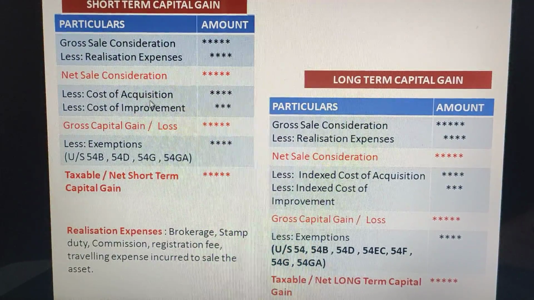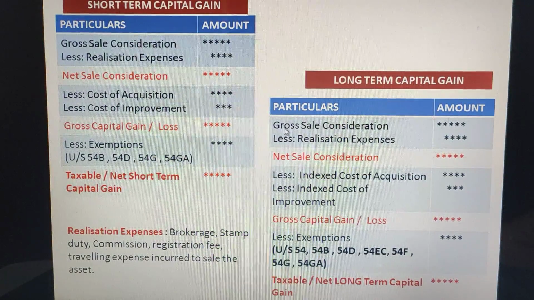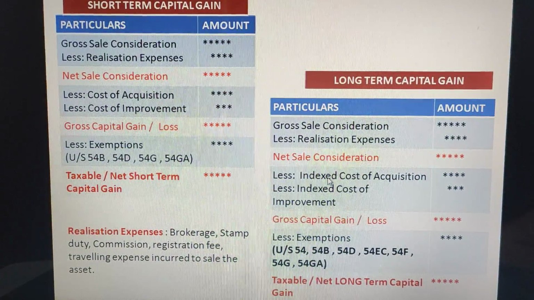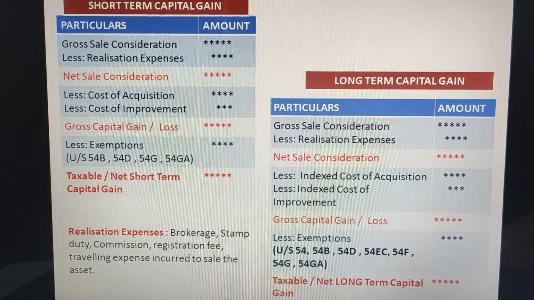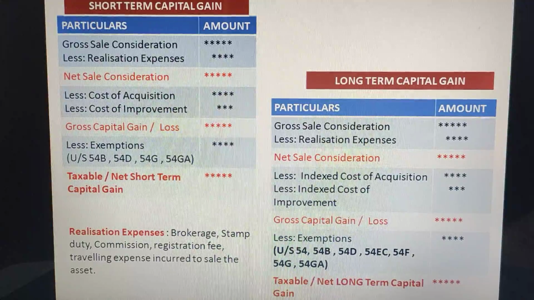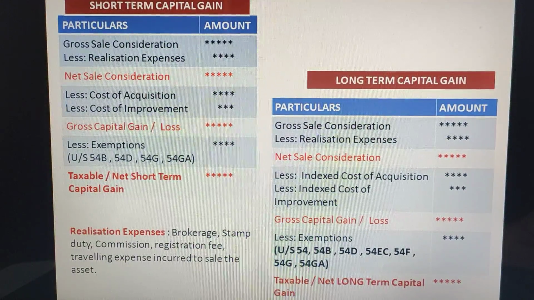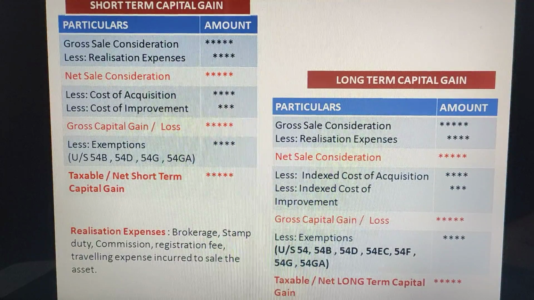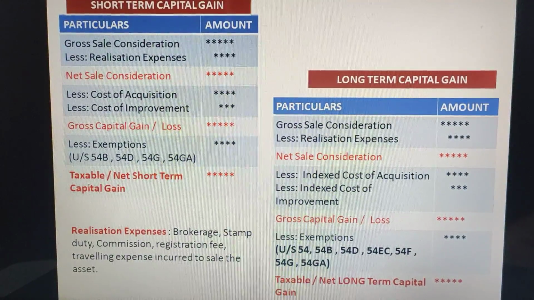Instead of writing cost of acquisition as in short-term capital assets, here you are going to index it. Indexing is nothing but calculating the inflation cost of your asset, because it is long term in nature. So you are going to calculate the indexing for your asset, that is called indexed cost of acquisition. This in detail we will see in the next video.